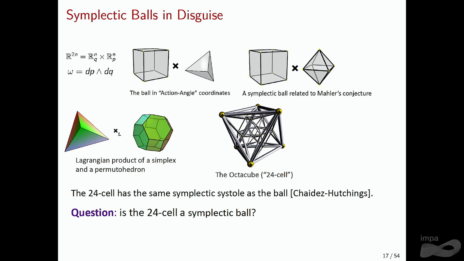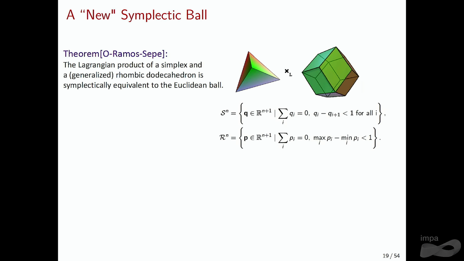Let me see if I can find the statement again. To be 100% precise here, starting with dimension 6, it's a slightly weaker statement. It means that up to an epsilon, you can symplectically embed a ball inside this configuration, and symplectically embed this configuration up to epsilon inside a ball.